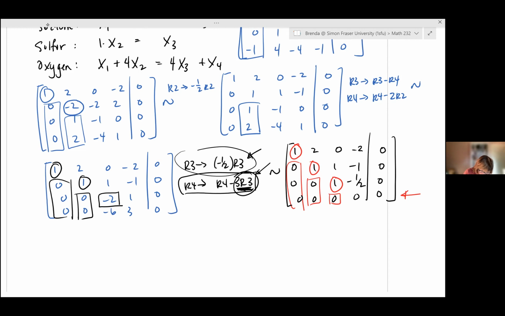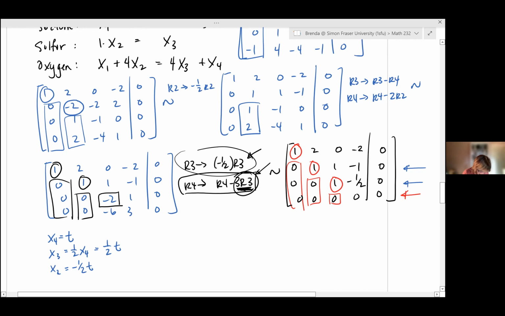So again, from the bottom row, I'm identifying that x4 is a free variable. Then I look to the next row up, and I see that x3 is 1/2 x4, which, because I've identified x4 as t, is 1/2 t. I head up to the row above, I get x2 as minus 1/2 t.